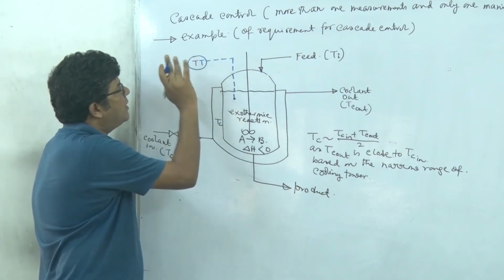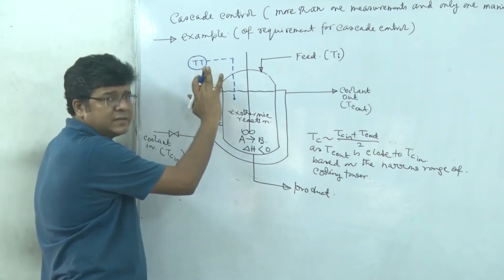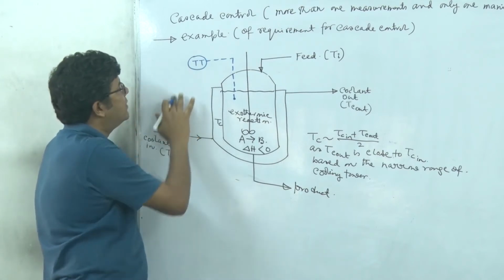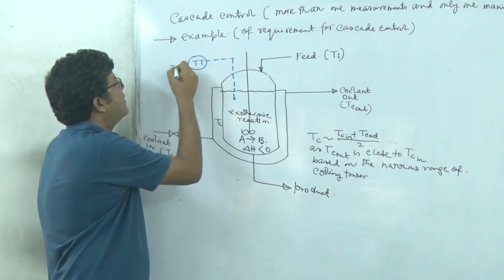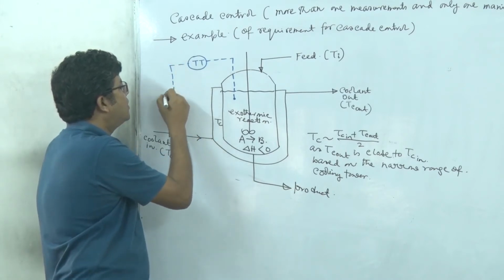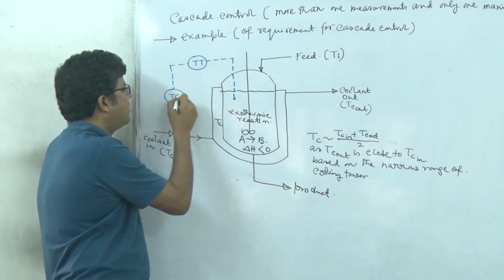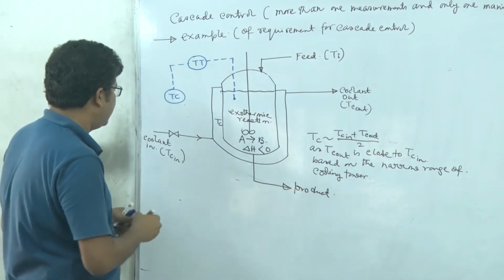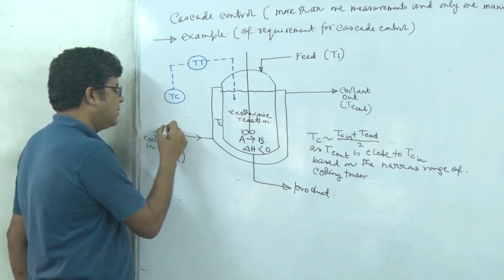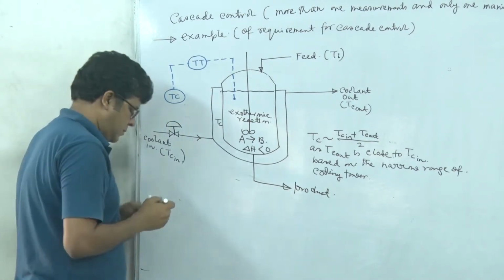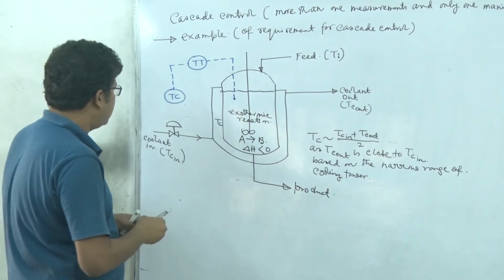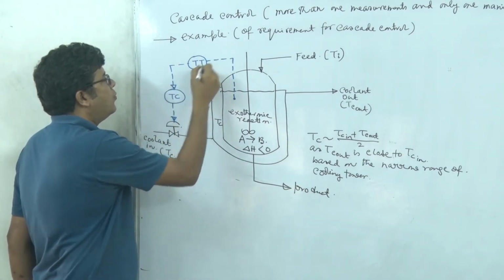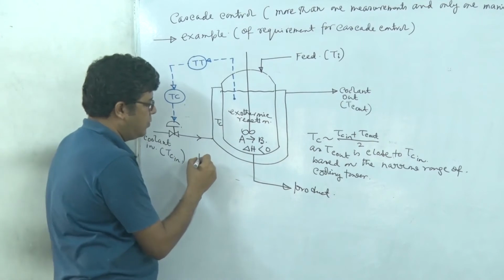So it may not be displaying here locally, it's simply generating that electronic signal and transferring this temperature signal. So we go to temperature control, right? And here we have this control valve in the coolant line. So this is the control loop we have, typical feedback control.